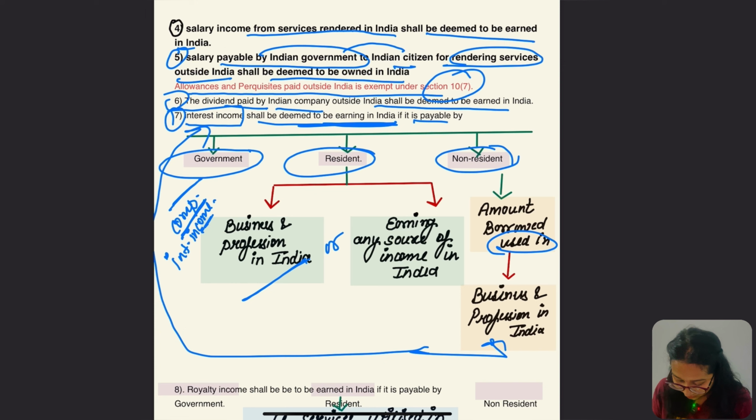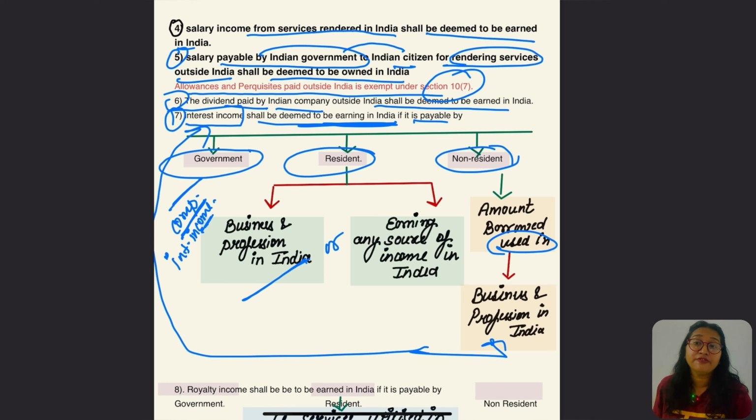Hope this point was clear. Let me say it again. The interest income would be deemed to be earned in India in 3 cases: government, resident and non-resident. For government, if it is paid by government, that would be 100% deemed to be earned in India. In case of resident, it is divided in 2 parts: if the interest income is from business and profession, or from other source of income in India.